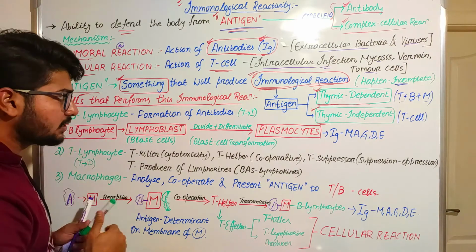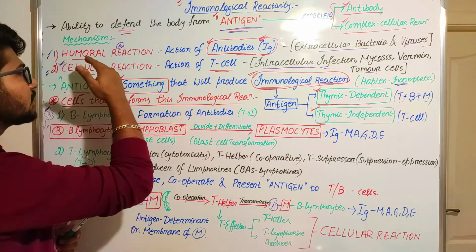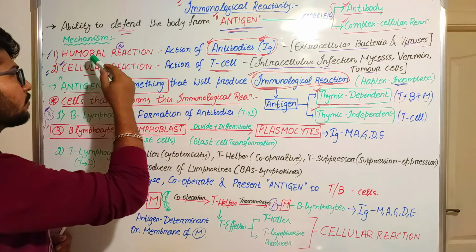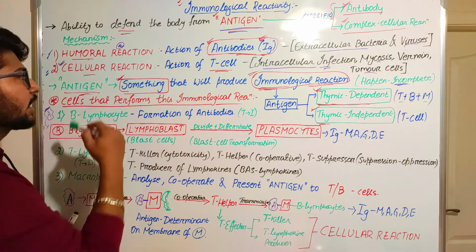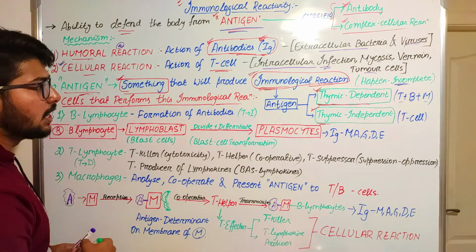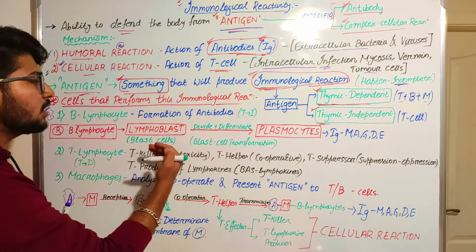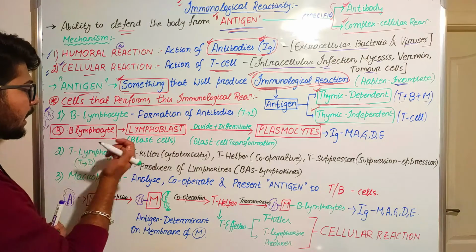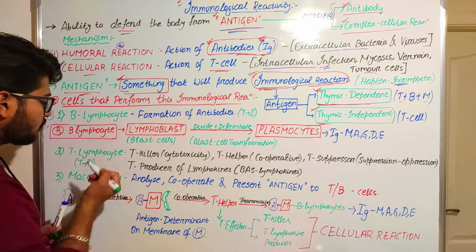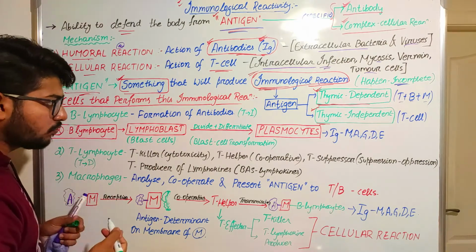Now we just read that there are two kinds of immunological reactions. One is the humoral reaction and the second one is the cellular reaction. The cells that perform these actions are the B lymphocytes, T lymphocytes and macrophages.